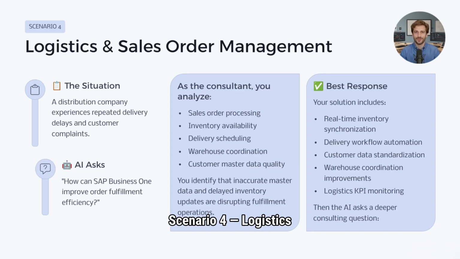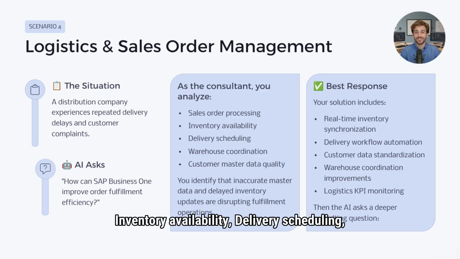Scenario 4: Logistics and sales order management. A distribution company experiences repeated delivery delays and customer complaints. The AI stakeholder asks, how can SAP Business One improve order fulfillment efficiency? As the consultant, you analyze sales order processing, inventory availability, delivery scheduling, warehouse coordination, and customer master data quality.